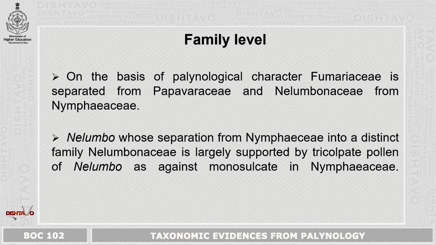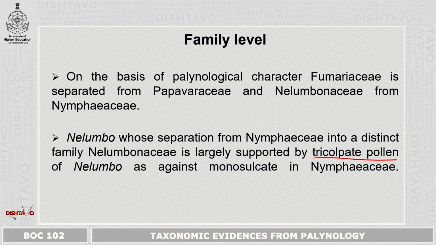Now let's see step by step at the family, genus and species level how palynology has helped in solving taxonomic disputes. On the basis of palynological character, with regard to family level, Fumariaceae is separated from Papaveraceae and Nelumbonaceae from Nymphaeaceae. Now, Nelumbo is a genus which shows consistently tricolpate pollen grains.